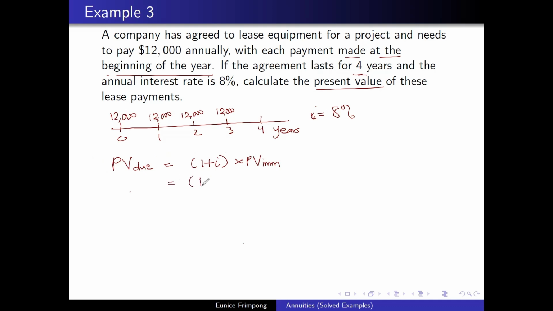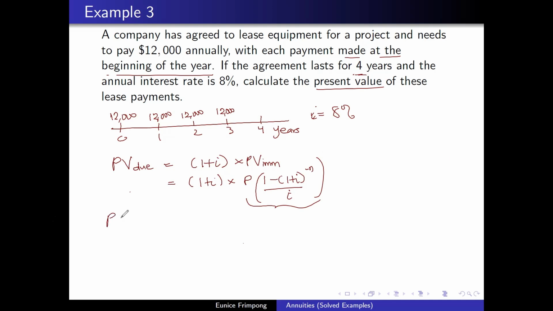So here we have 1 plus i times P, 1 minus 1 plus i to the power minus n, all over i. All of this is the present value of annuity immediate.